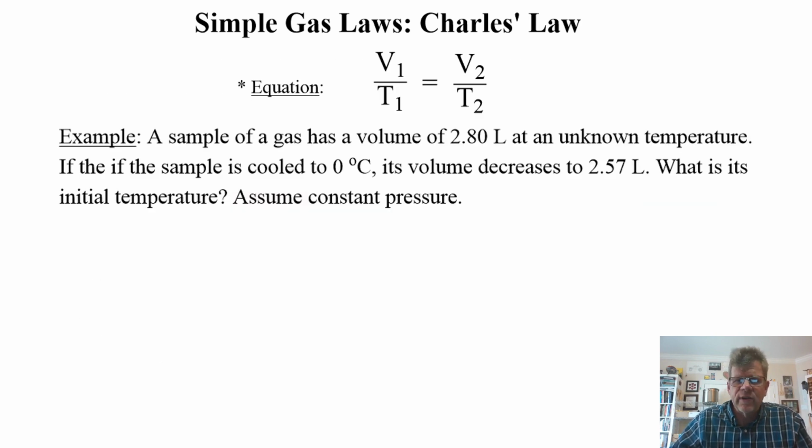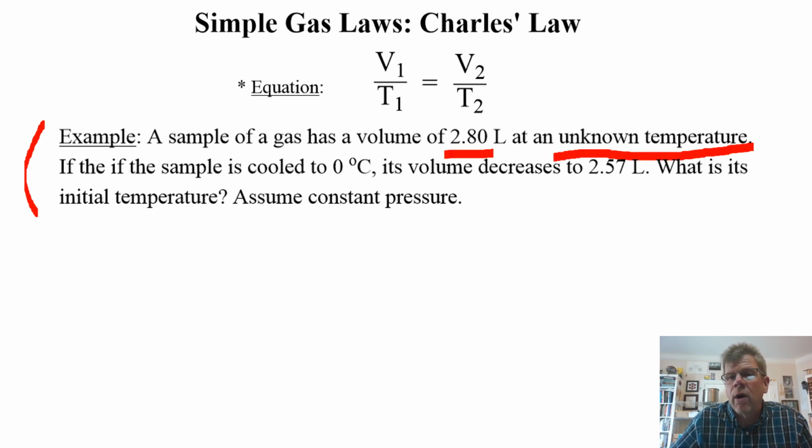So here's Charles' law, and here is an example problem. A sample of a gas has a volume of 2.8 liters. That would be an initial volume, V1, at 2.8 liters at an unknown temperature. T1 is unknown. That's what we're solving for.